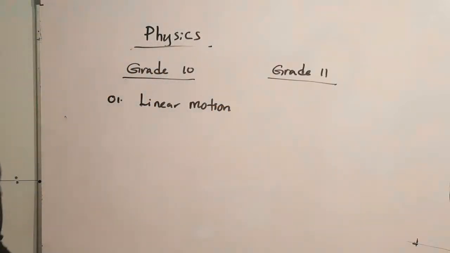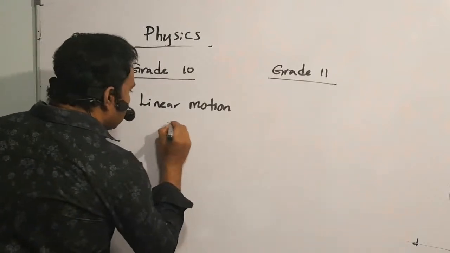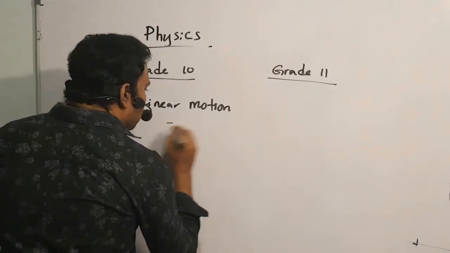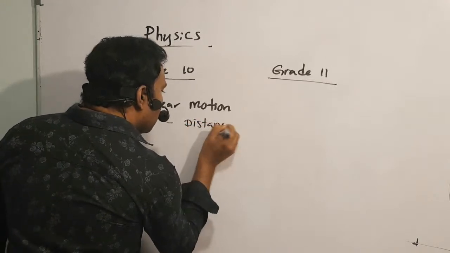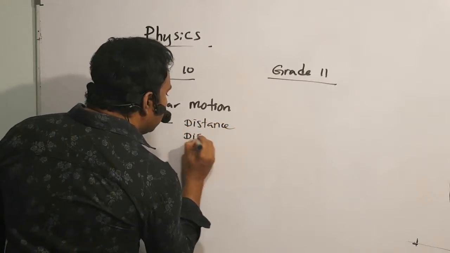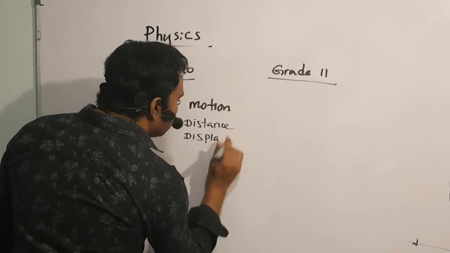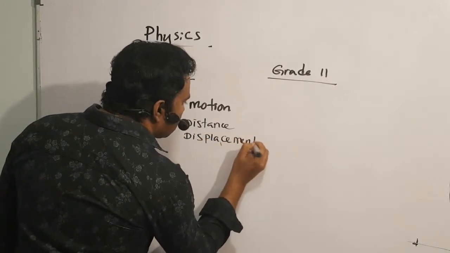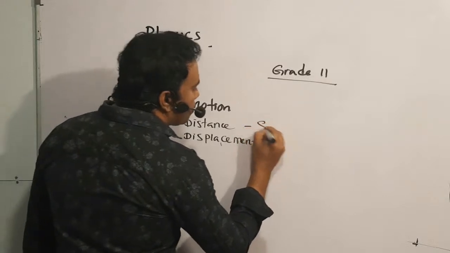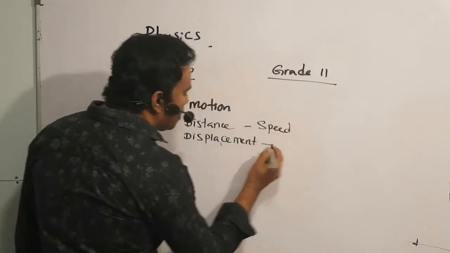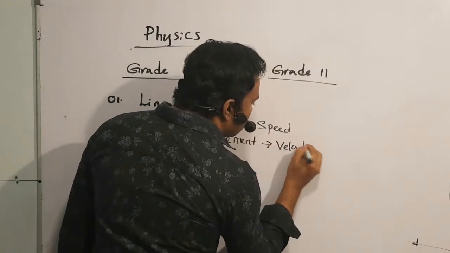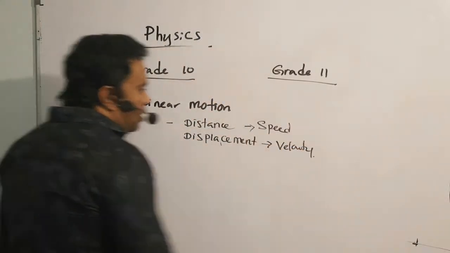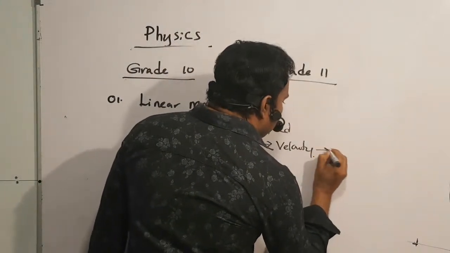Linear motion. And this is associated with distance, displacement, speed, velocity, and finally acceleration.